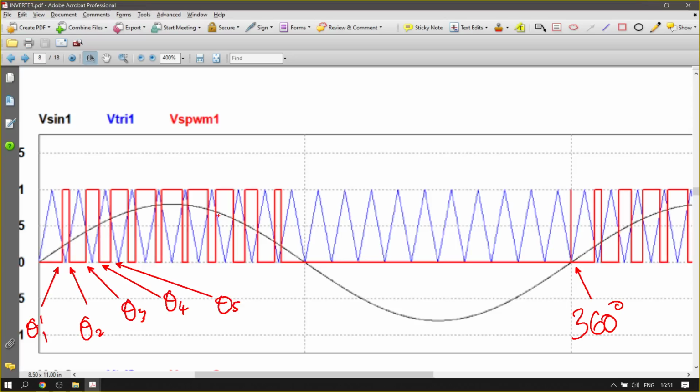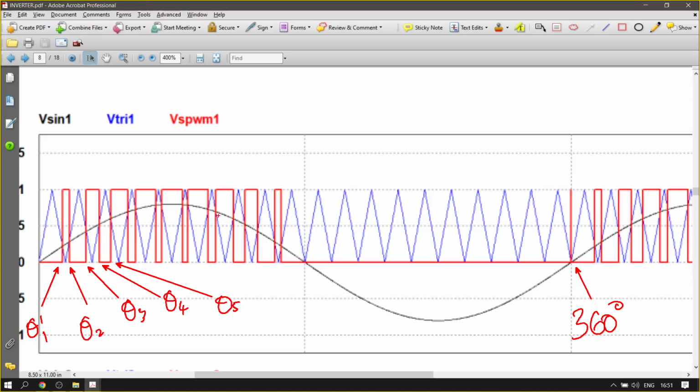Kalau dalam practical, you kena cari IC comparator, you kena cari generator, sinusoidal generator, and then you kena cari triangular generator ataupun IC, and then you compare. Okay, tapi nowadays we have this programming or microprocessor.